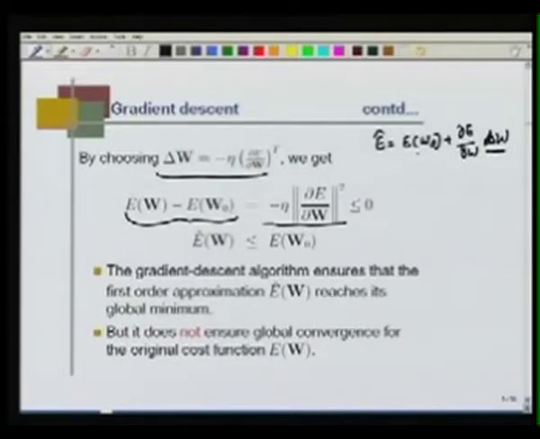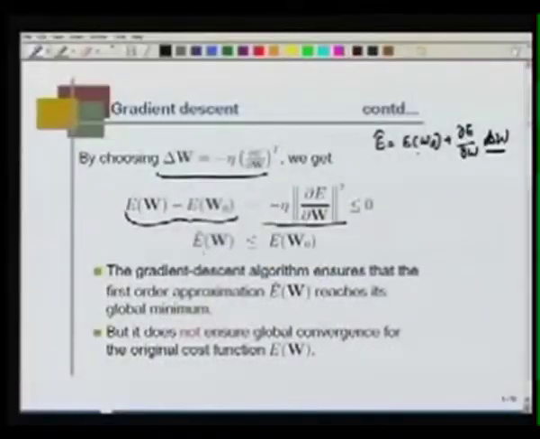In which sense? The decrease is ensured only when E(W) is looked at as a first order approximation of the Taylor series. If this is not true, I cannot say E(W) is less than or equal to E(W naught). This is E hat W, a first order Taylor series approximation of the cost function.